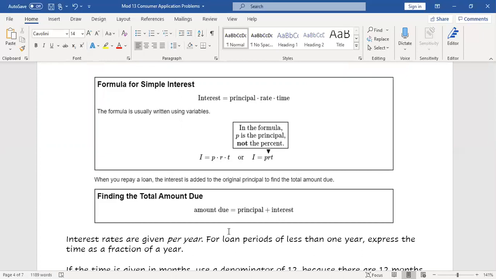And then the rate is going to be the rate that the bank is charging you to borrow their money or the rate that they're going to give you for letting them keep your money. And then the time is always in years. It's represented in years. And it's how long it's been kept in that particular account.